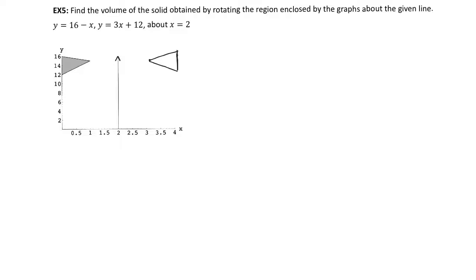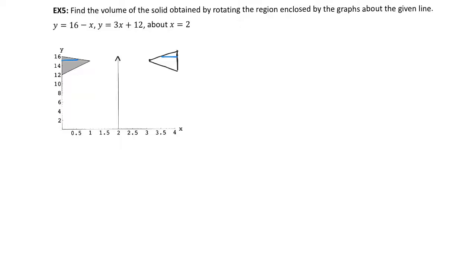Because we are going to be reflecting about a vertical line, the washers are going to come from a tiny horizontal segment like this. Let me go a little bit higher, like that. And then that is going to reflect over here as well.